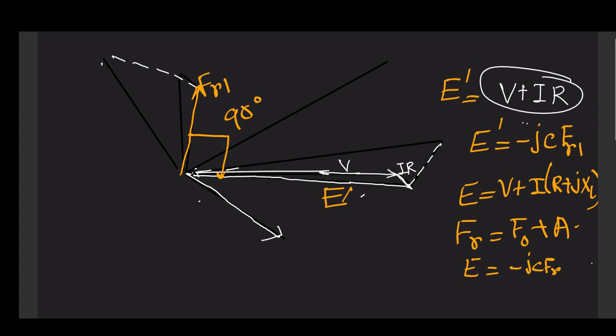This dotted line is showing us the E, and here I can show it by a solid line because this is an MMF that exists.